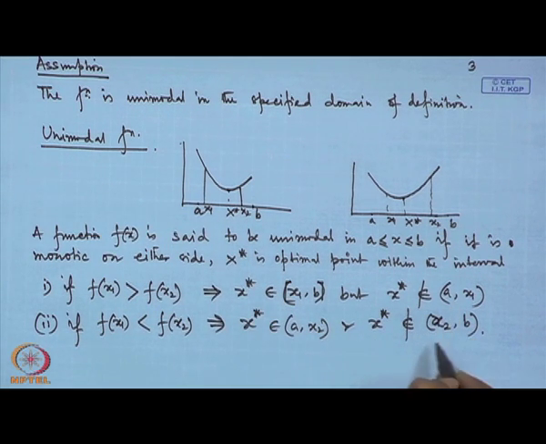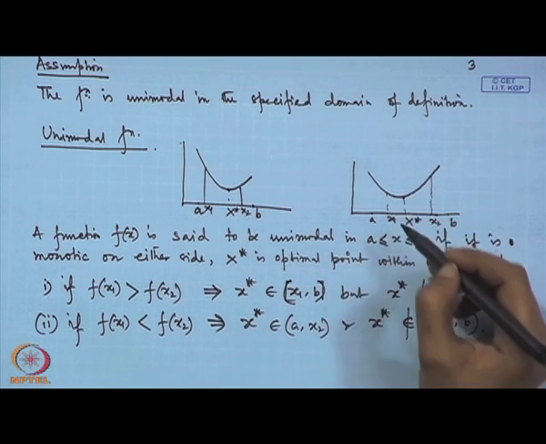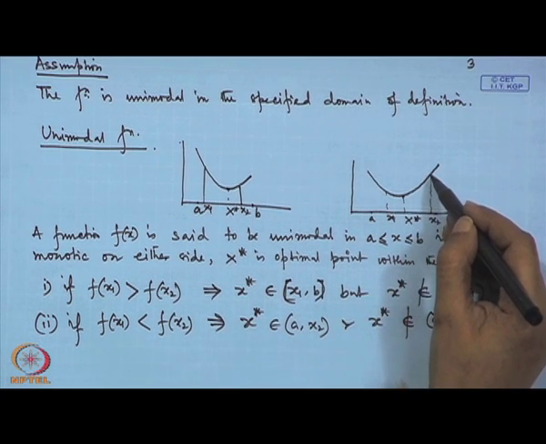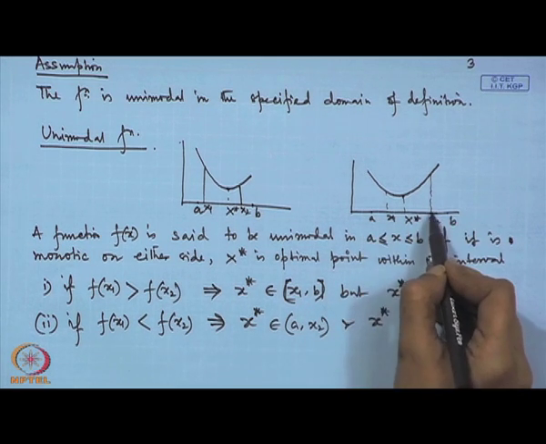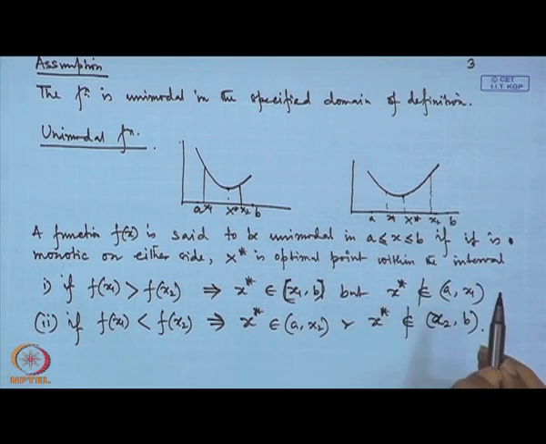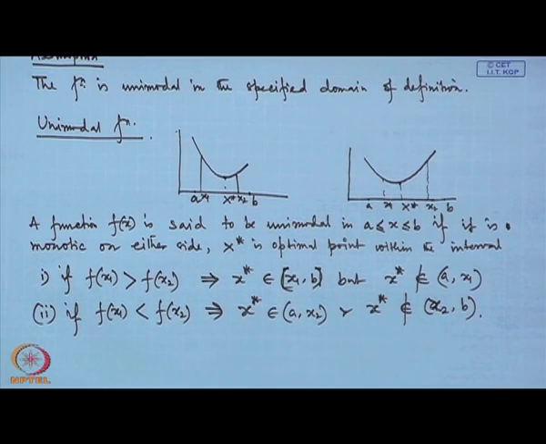And if f(x1) in this case is lesser than f(x2), then certainly the optimal point will be from a to x2, it can't be from x2 to b, because there is only one minimum point within the definition.